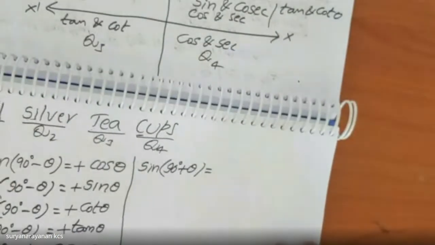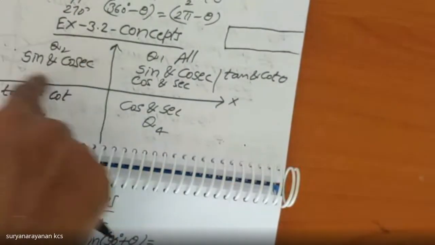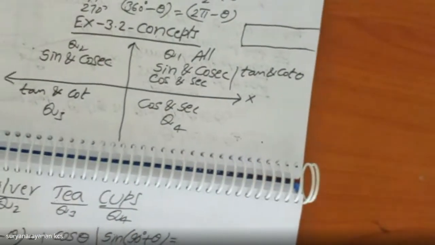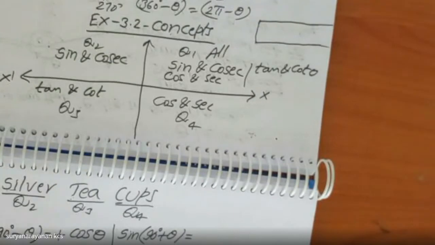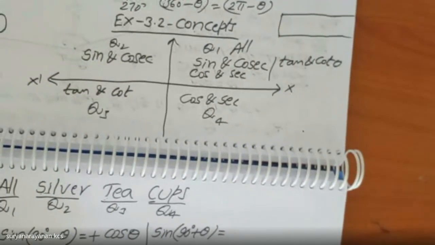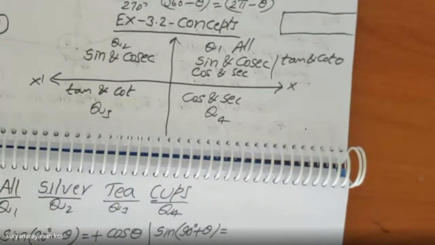So in the second quadrant, which trigonometric functions are positive? See this figure. Yes, sine and cosecant.